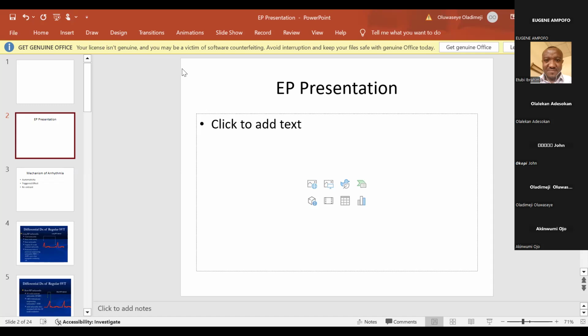Loop recorder is implanted and records the activity just like a Holter, and that can take months. Even then, EP can help in the diagnosis.